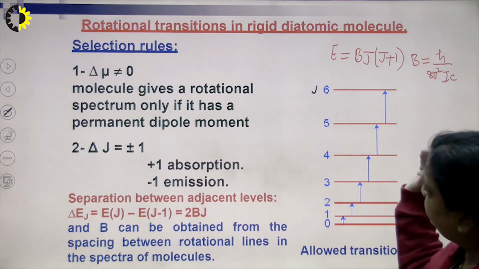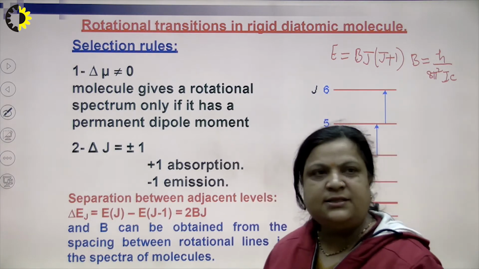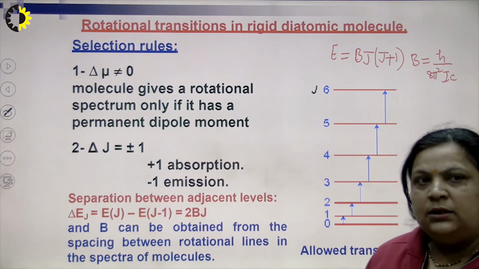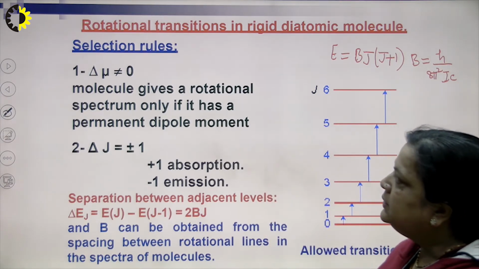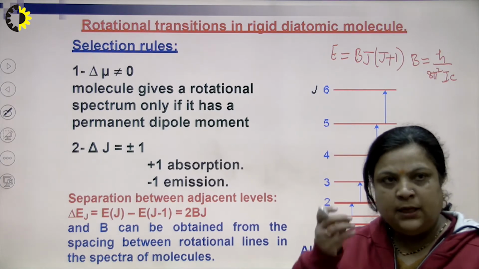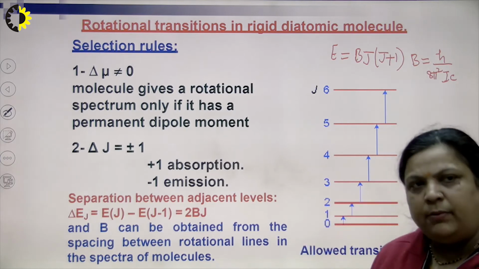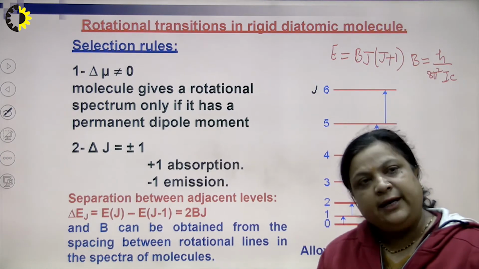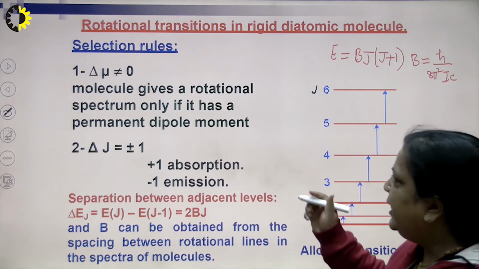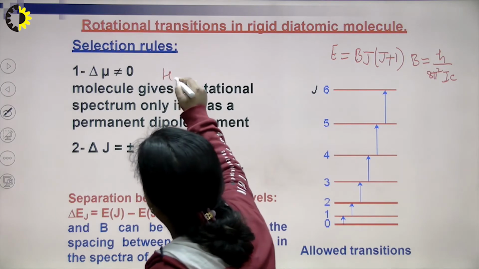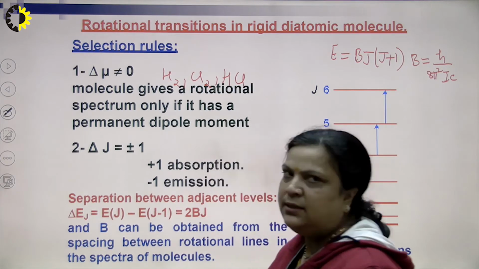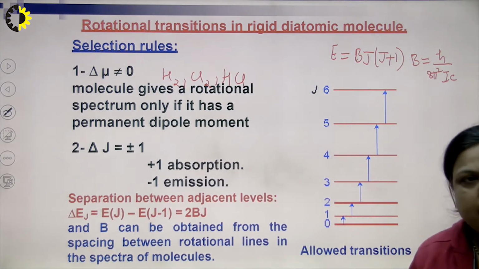First, let us discuss the selection rules to be a microwave active molecule. The first selection rule is that there must be a permanent dipole moment in the molecule. Those molecules which do not contain a permanent dipole moment, or which have dipole moment 0, will be microwave inactive, like H2, Cl2, etc. But those which have a dipole moment, like HCl, HCN, have microwave spectra.